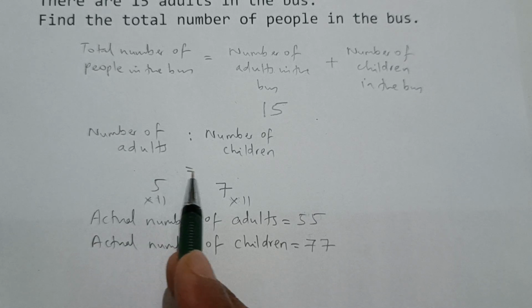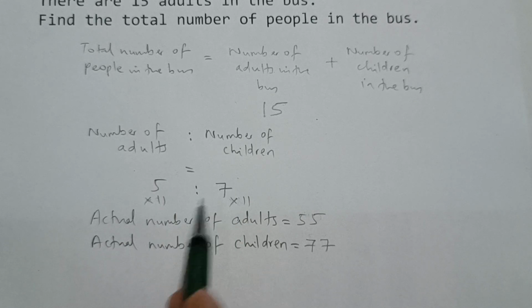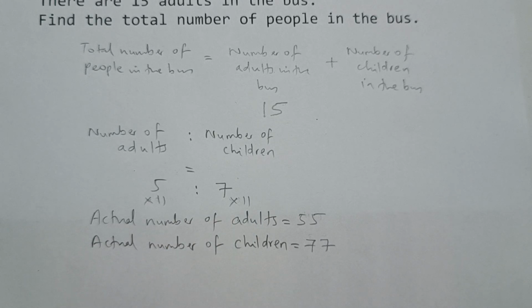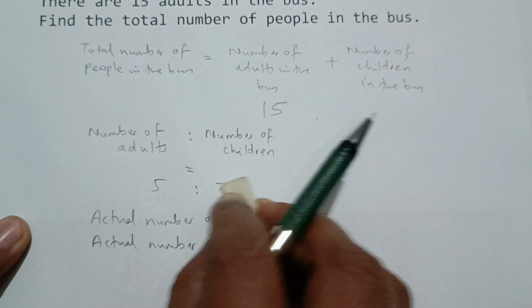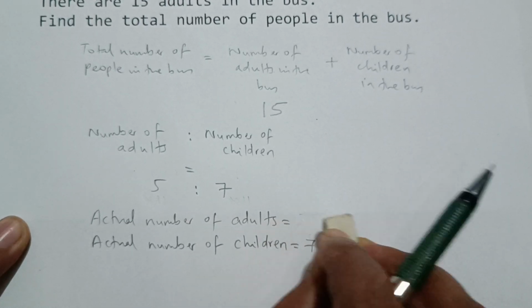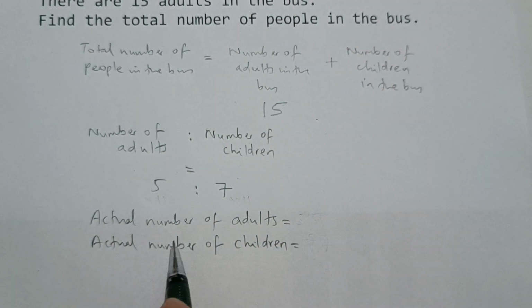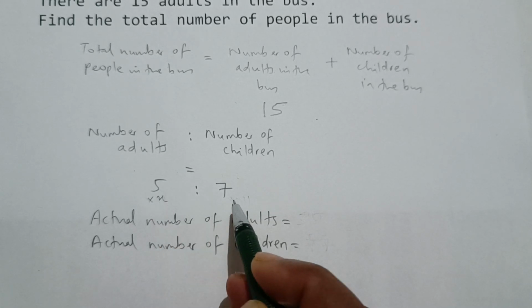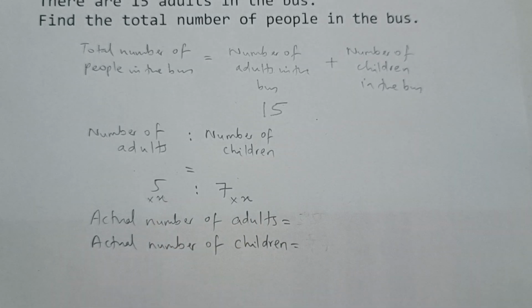So I am multiplying 5 by x and 7 by x. In that case, what is the actual number of adults in the bus and the actual number of children in the bus?